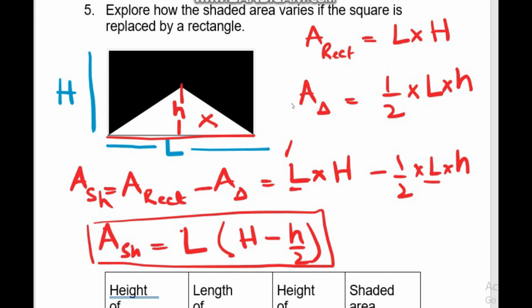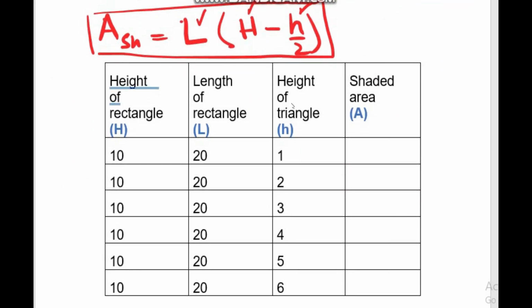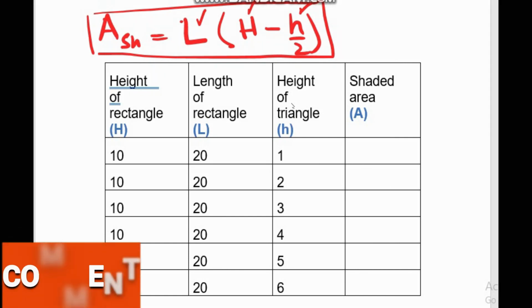Now we have three different quantities: the length of the rectangle, the height of the rectangle, and the height of the triangle. Keeping this formula in front of us, again using random values, I've given the height of the rectangle as 10, the length of the rectangle is 20, and the height of the triangle is what we are going to study.